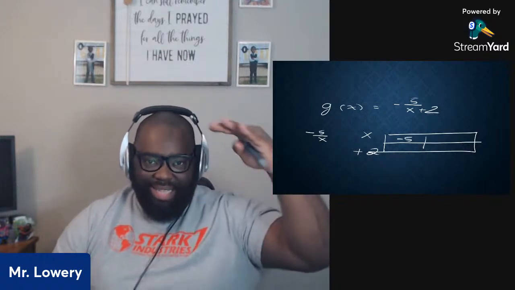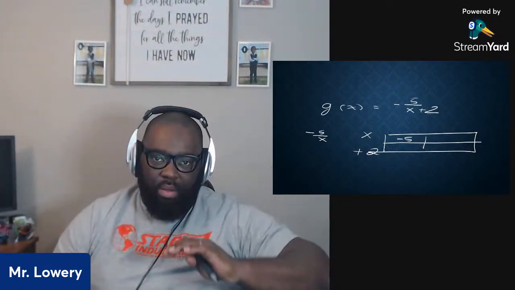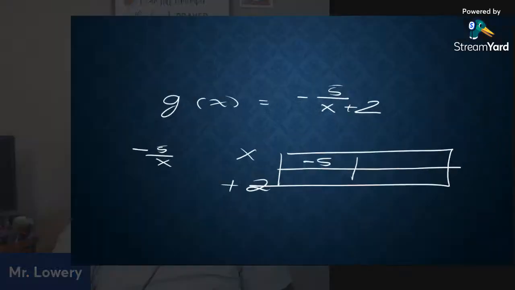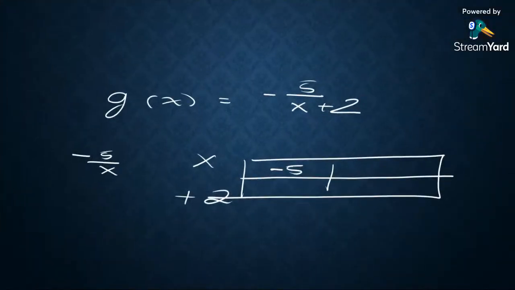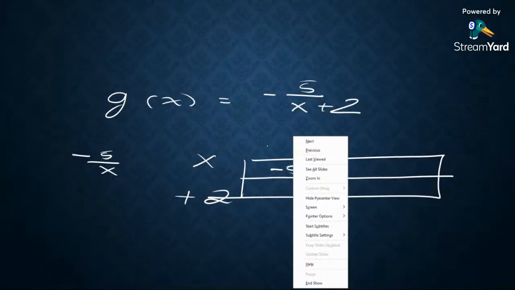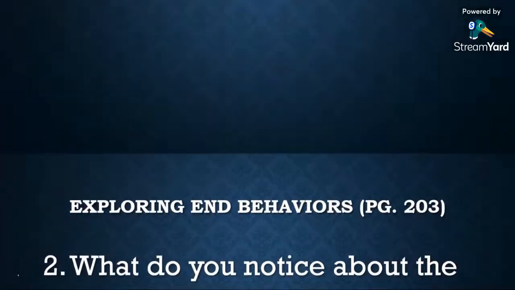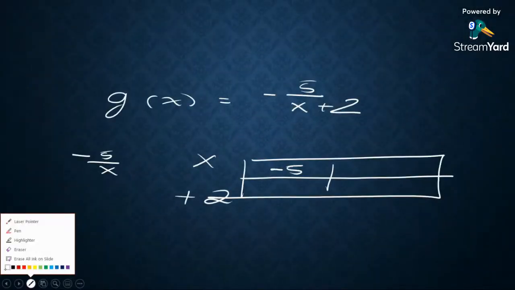We are not able to divide something that does not have a variable on top by something that has a variable or exponent in our denominator. So we're going to have to say that it's going to be 0.